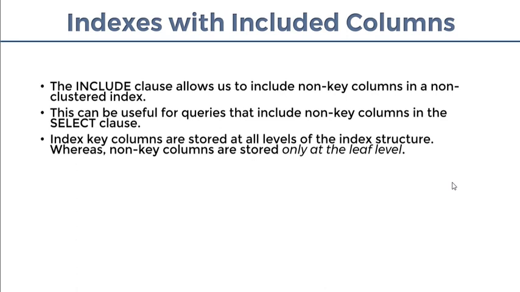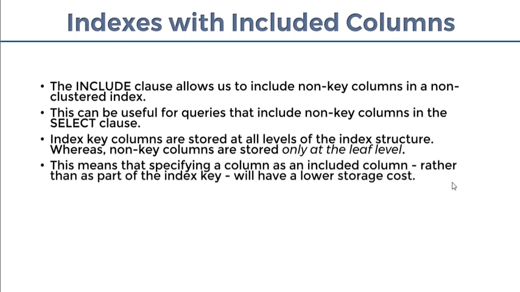Index key columns are stored at all levels of the index structure, whereas the non-key columns are stored only at the lower level. This means that specifying a column as an included column rather than as part of the index key will have a lower storage cost, right?